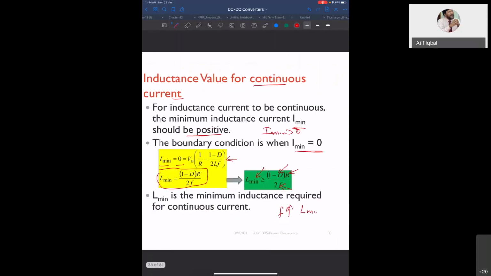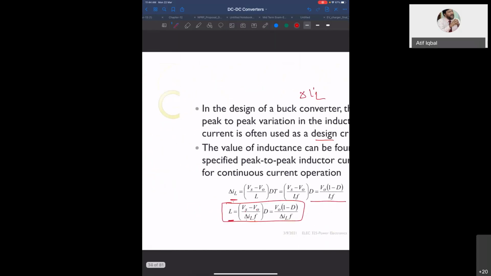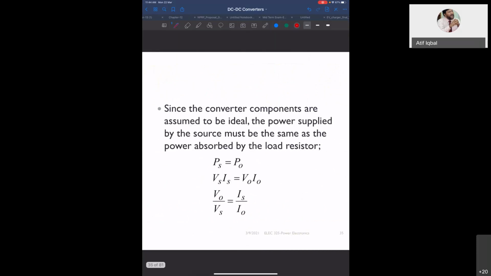This is the critical conduction mode condition. Here there is no delta IL, but here there is a delta IL term. This is how you calculate the value of inductance for continuous conduction mode. And if we assume lossless components, then the input power is equal to output power.